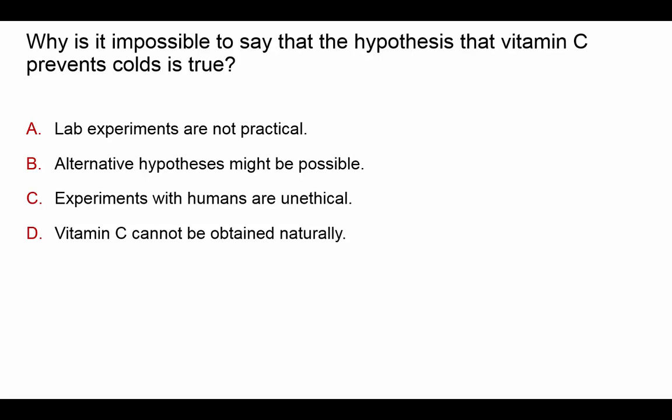Maybe they're doing something besides just taking vitamin C. Maybe you've got more than one variable in your experiment. Experiments with humans are unethical. Well, it depends on what you're doing, but in the case of vitamin C, I don't think that's unethical. If we were trying to clone them, it would be unethical. Or give them something that we know harms them. Vitamin C cannot be obtained naturally. Well, of course it can. All you gotta do is eat an orange.